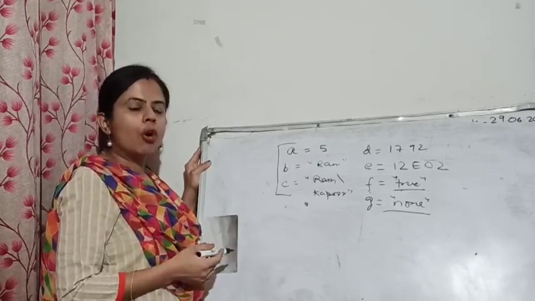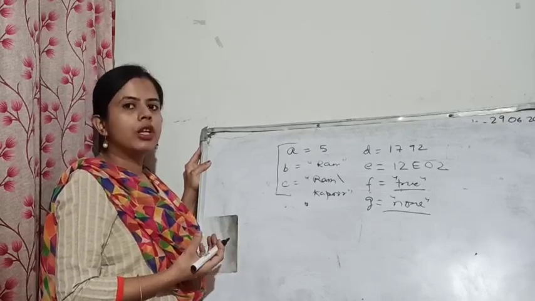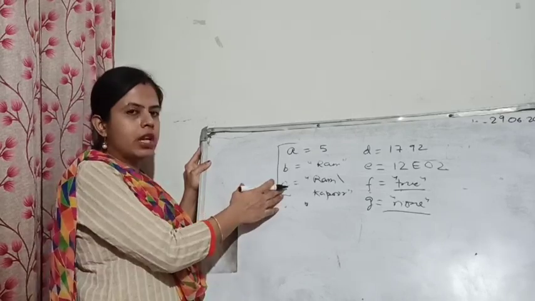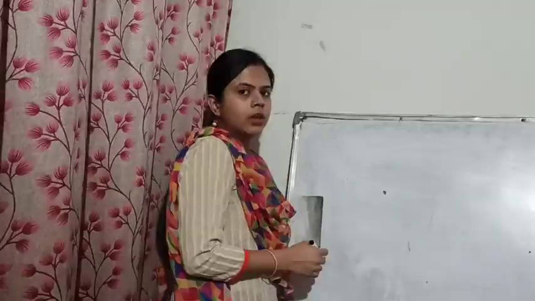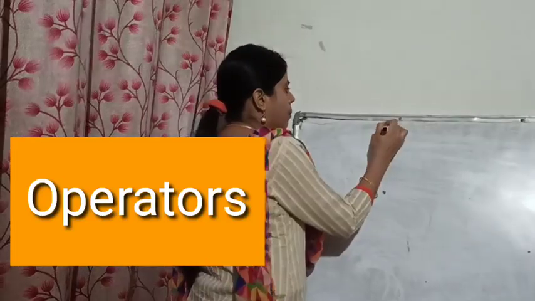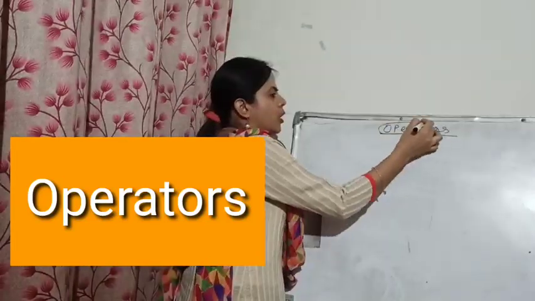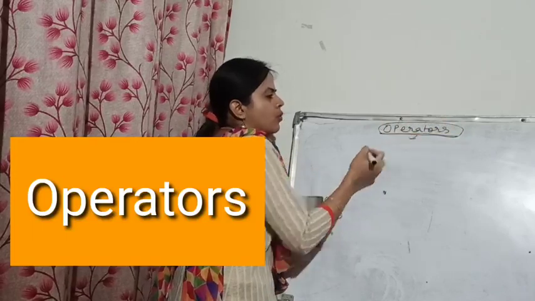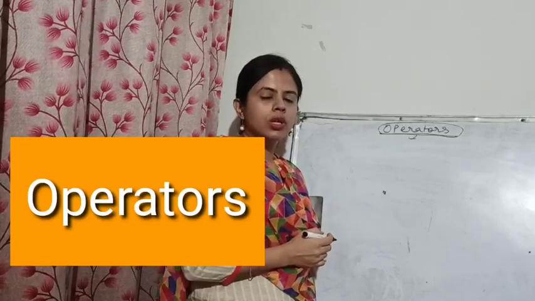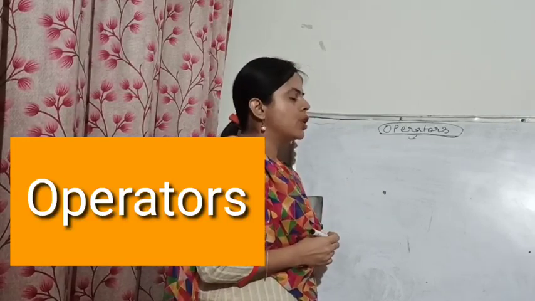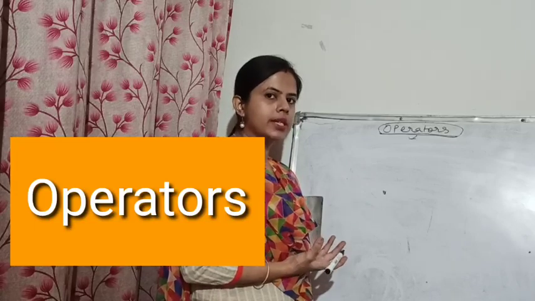Now let us begin with operators, how operators work, and how we can use different kinds of operators on our variables for further calculation in Python. So students, let us begin with the topic of operators. First of all, let us see the definition. Operators are the tokens or symbols which perform certain kinds of calculations on variables and objects.